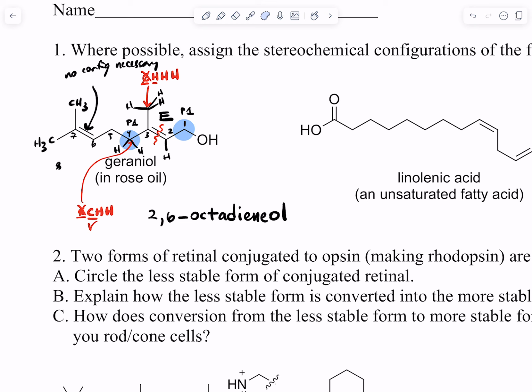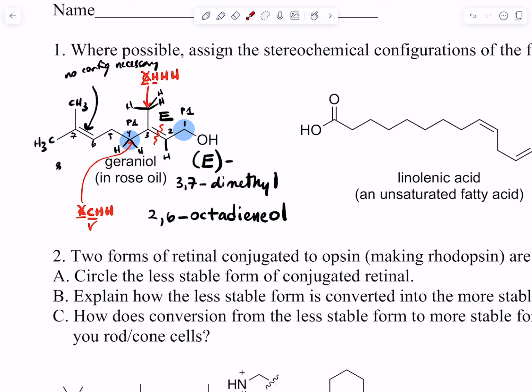Then in terms of other substituents, what do we got? Just the methyl on, oh, there's 2 methyls. So it's 3,7-dimethyl-2,6-octadiene-ol. And then in front of that, we need to put an E to indicate the stereochemical configuration of the one alkene.